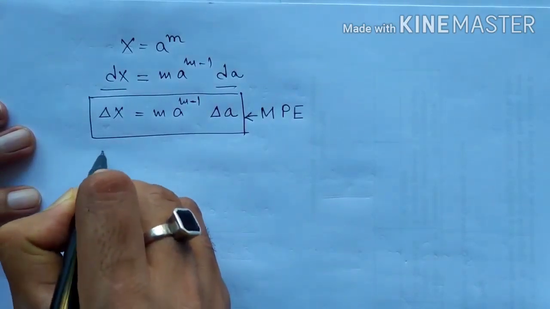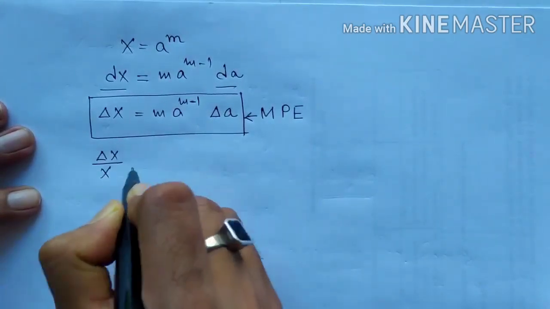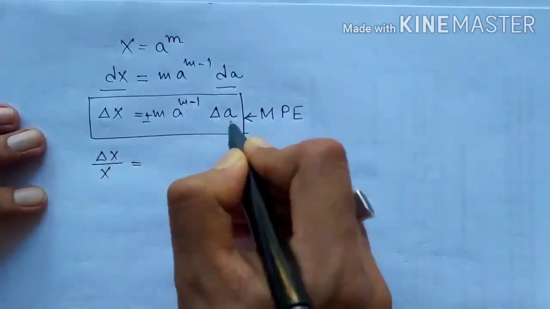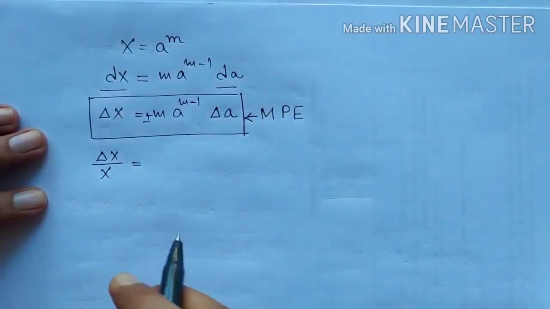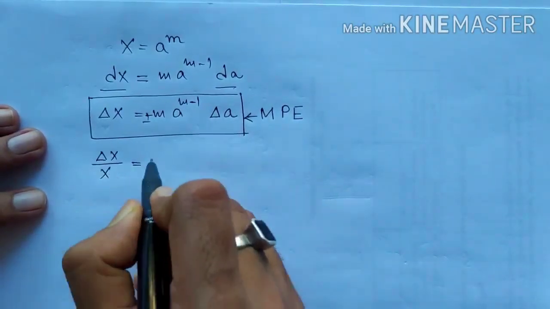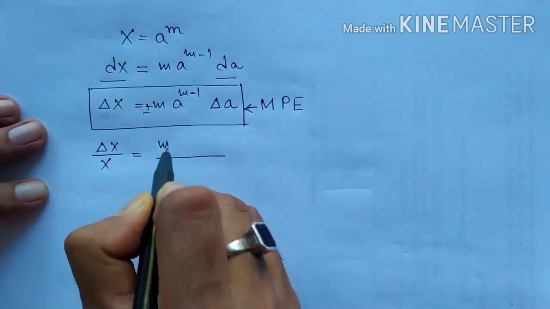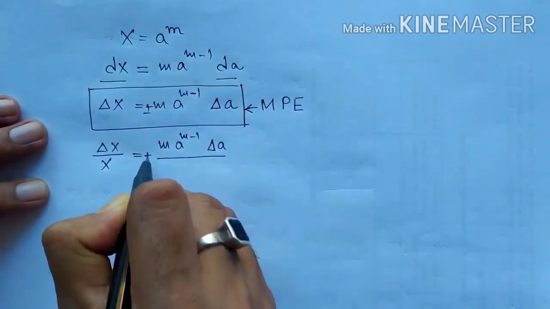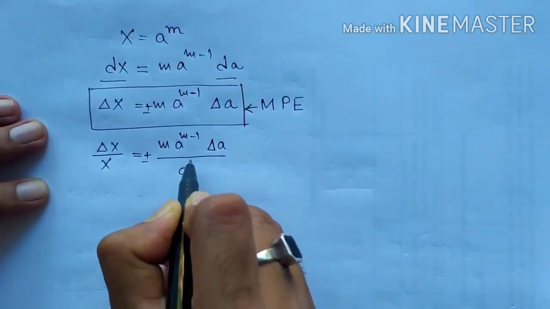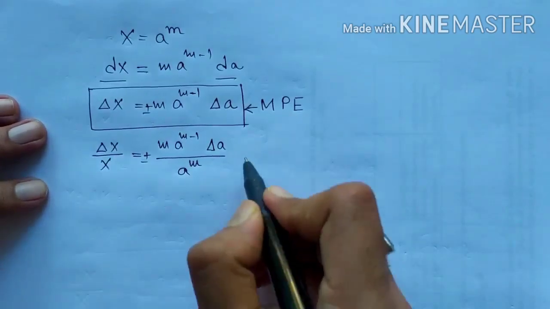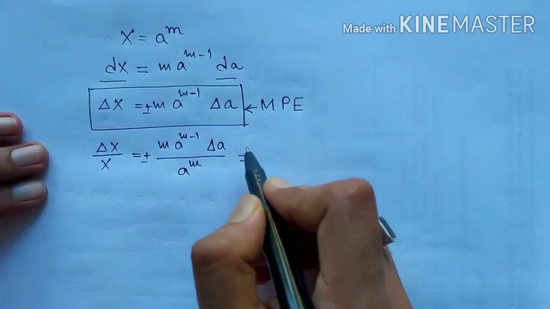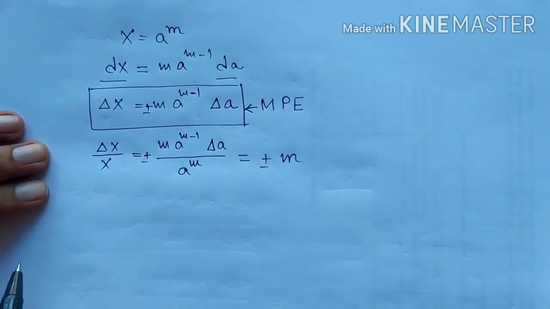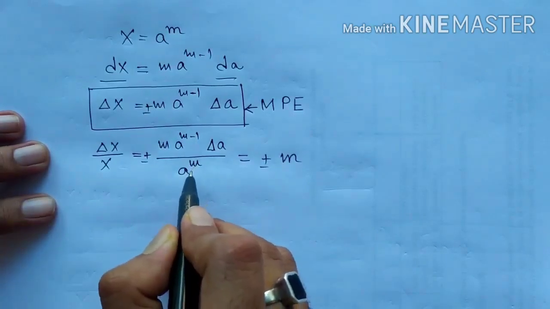Now fractional error or relative error, delta x by x. I should put a plus minus sign here because this delta a can be plus or minus. So delta x by x will be plus minus m a to the power m minus 1 delta a divided by x. x is a to the power m. So this will be plus minus m, a to the power m minus 1 divided by a to the power m.